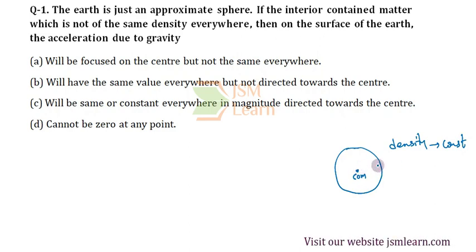So, assuming this, if they ask us to find the acceleration due to gravity on the surface of the Earth, I take any random point on the surface of the Earth.